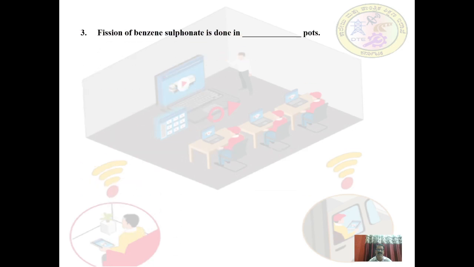Question number 3. Fusion of benzene sulfonate is done in dash pots. Options are A, mild steel, option B, stainless steel, option C, cast iron, option D, A and B. The right answer is C, that is cast iron.